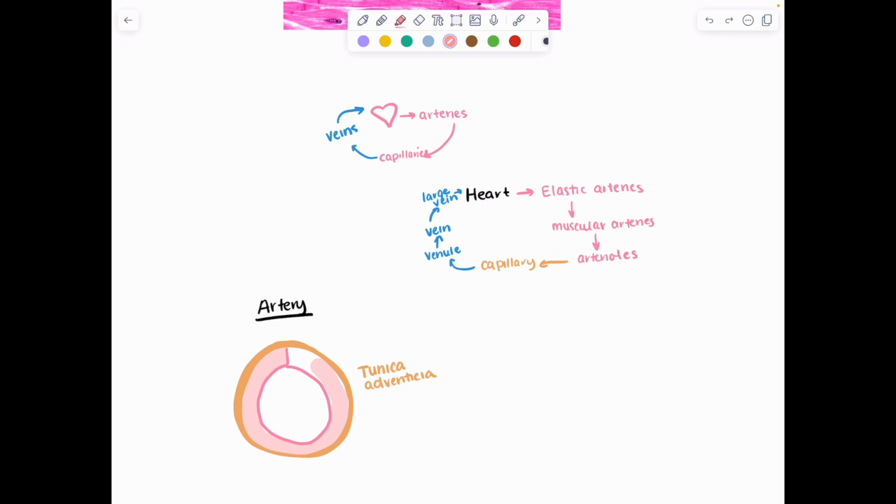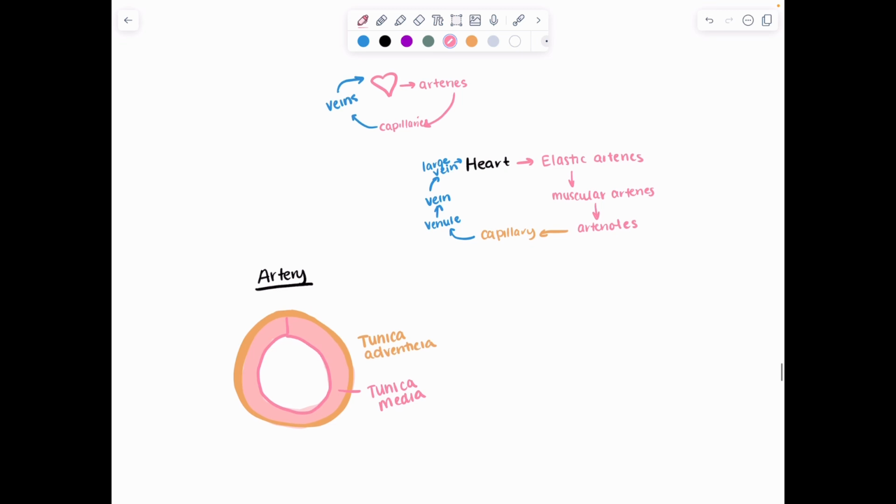So I think of media with muscular, M&M. So this is where we get smooth muscle cells, right? All of this, arteries and veins, are going to be smooth muscle cells. We're not cardiac. Cardiac is just in the heart. So this is all going to be smooth muscle, and that's our tunica media.